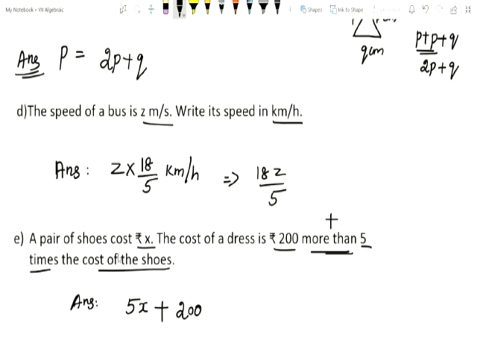Here the cost of the shoes is represented by X. So 5 times the cost of the shoes is 5 into X, that is 5x. More than means plus 200. Okay, children. Do you understand this? Thank you, children.